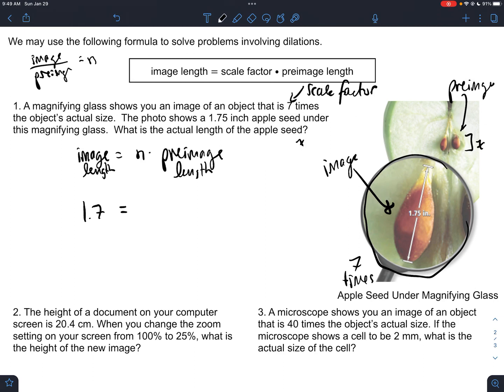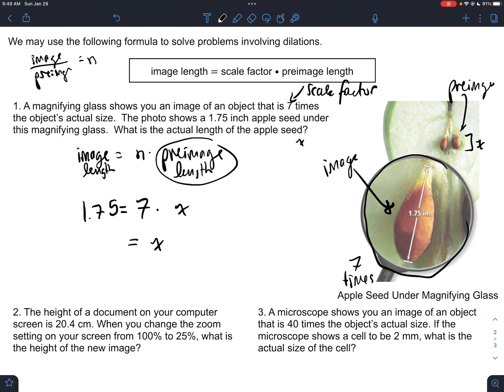So if the image's length is 1.75, then to get that, we had to scale the pre-image by 7. That's why I know it's 7 and not 1/7, because I'm taking the pre-image and multiplying it times that scale factor, making it 7 times longer, and that equals the image.